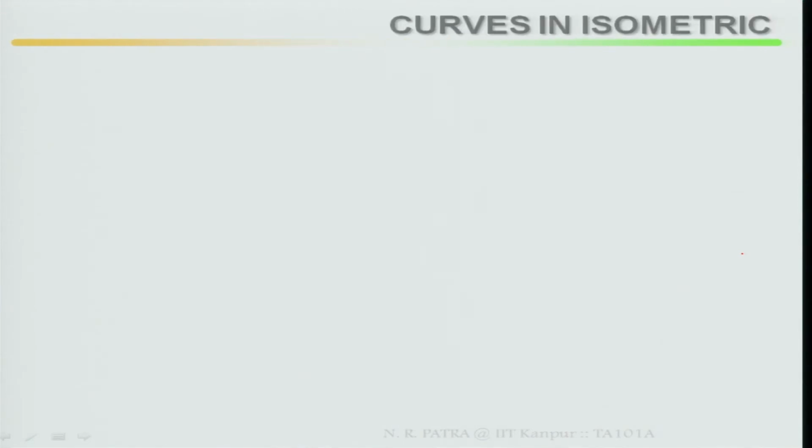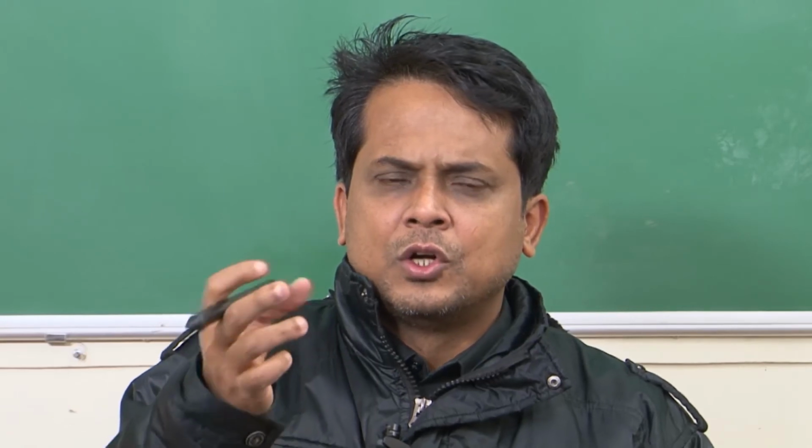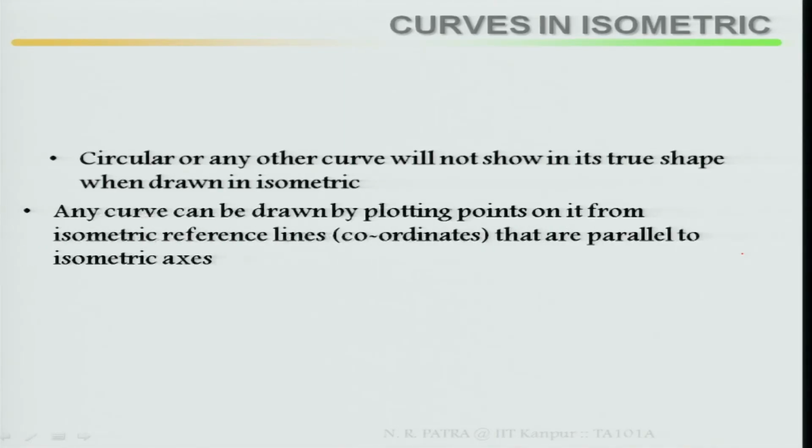Let us look at curves in isometric. A circle or any other curve will not show in its true shape when drawn in isometric. Definitely, because you are looking at 45 degree rotation with respect to the vertical axis as well as 20 to 30 degree rotation about your profile axis. So it is not necessarily that you are supposed to see the true shape. So a circle will be seen as an ellipse.